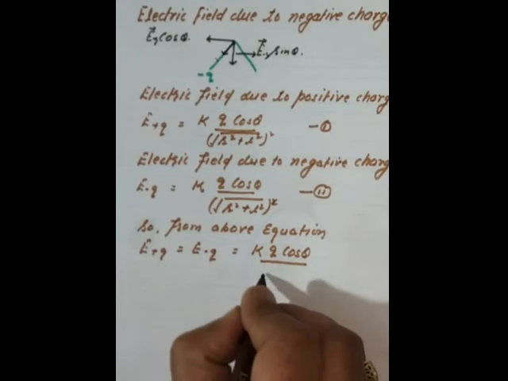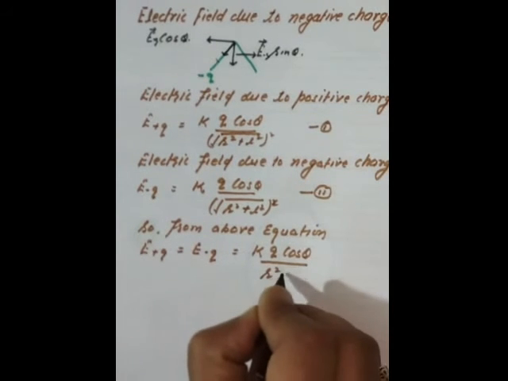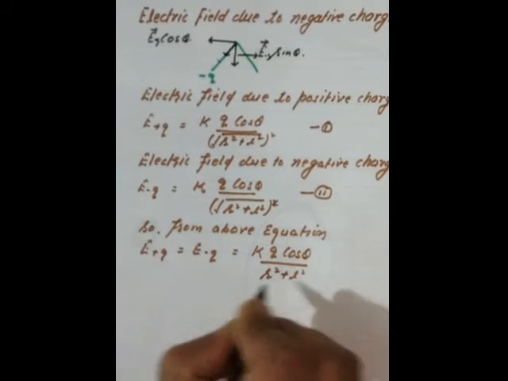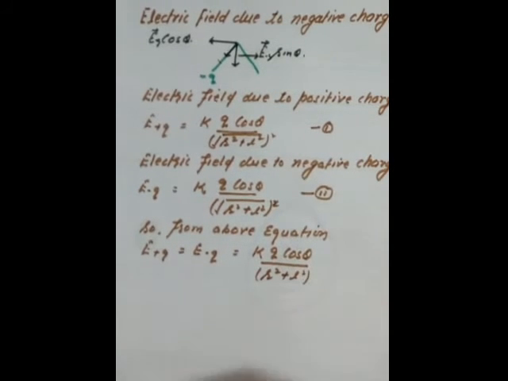So here it will become r square plus l square.